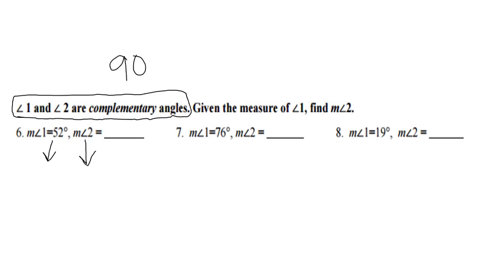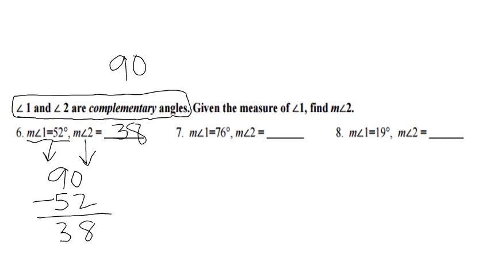So let's say in store number 1, or angle number 1, you have 52 degrees. If I asked you how much you have left over to spend in store number 2, what would you do? Usually you would say, okay, well, I had 90, but I spent 52, and that's going to be 38 left over for the second store.